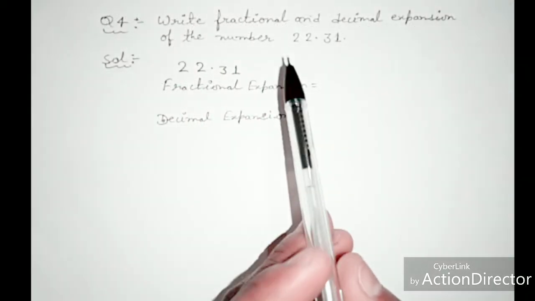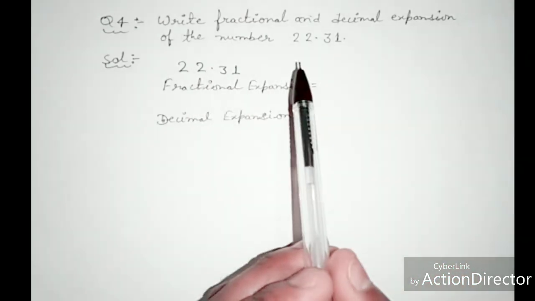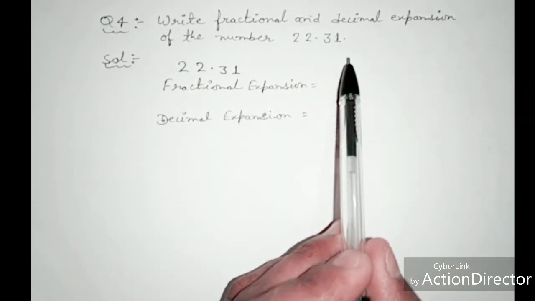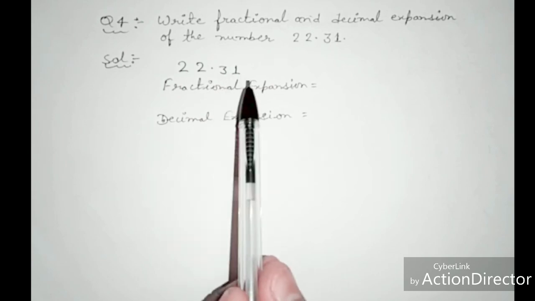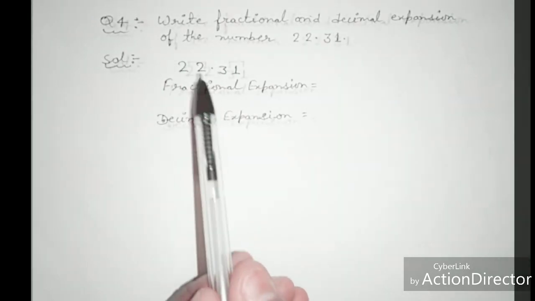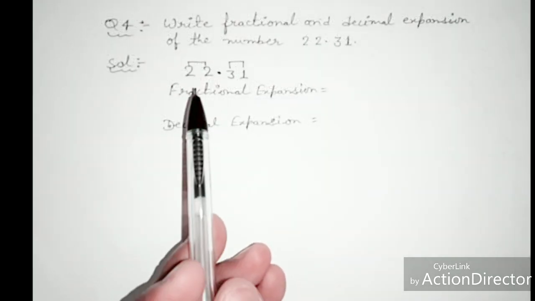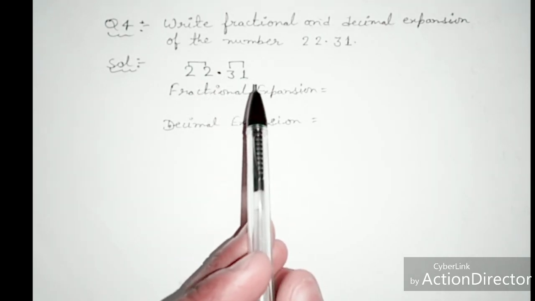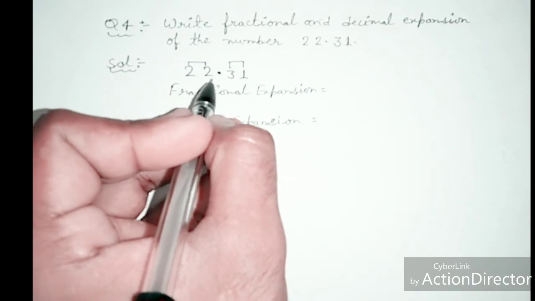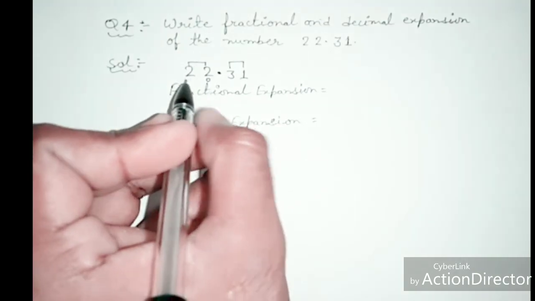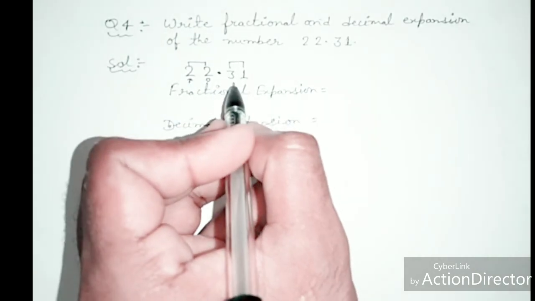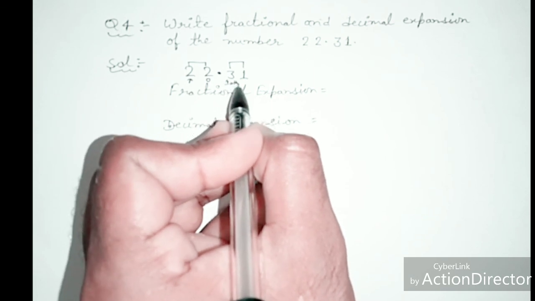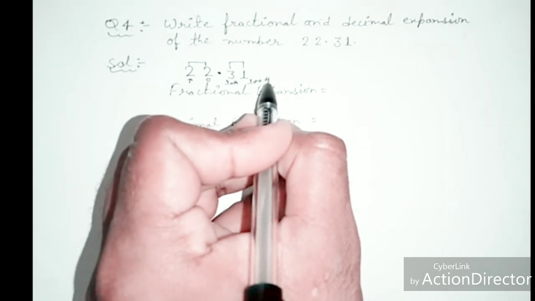4. Write the fractional and decimal expansion of the number 22.31. First we check, this part is known as the whole part and this part is known as the decimal part. So in the whole part the place values are ones and tens, in the decimal part tenths and hundredths.